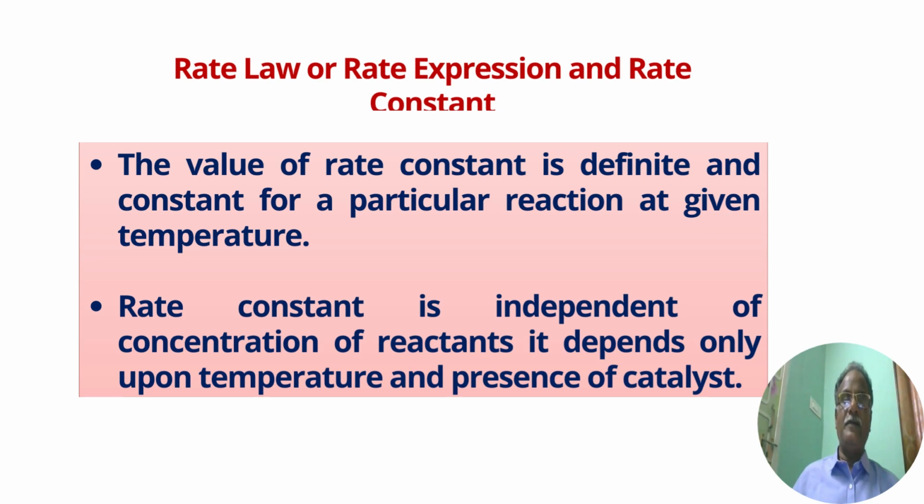These are very very important points. The value of rate constant is definite and constant for a particular reaction at a given temperature. Rate constant is independent of concentration of reactants and dependent on temperature and presence of catalyst.